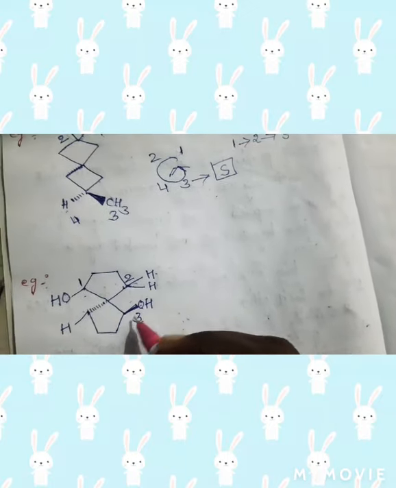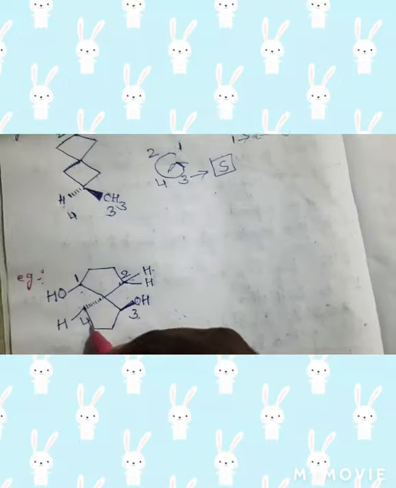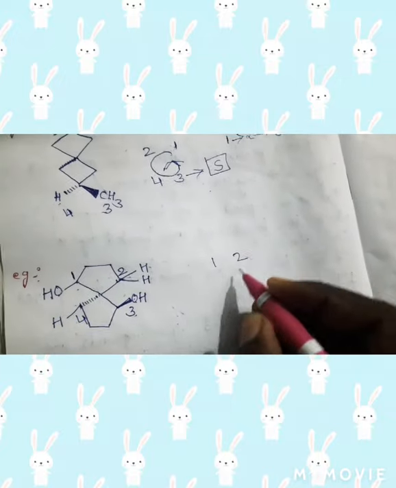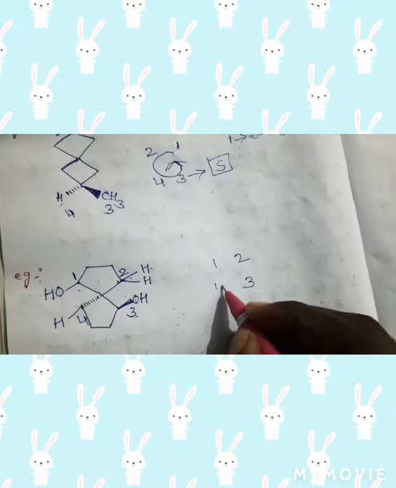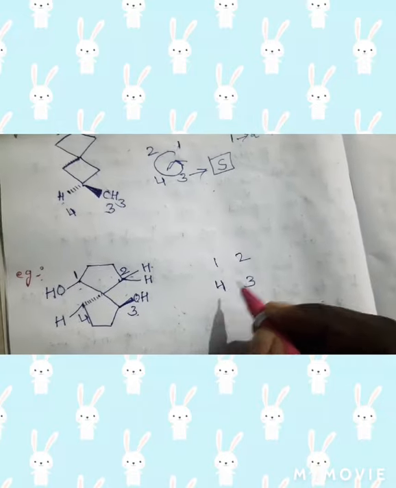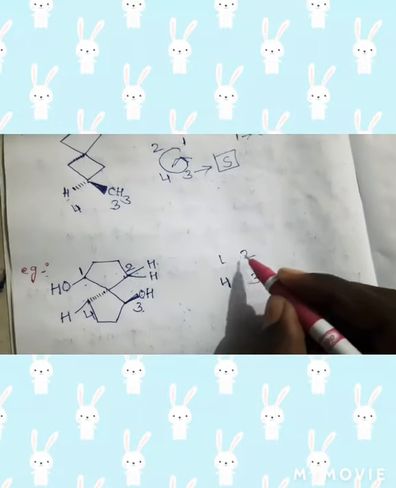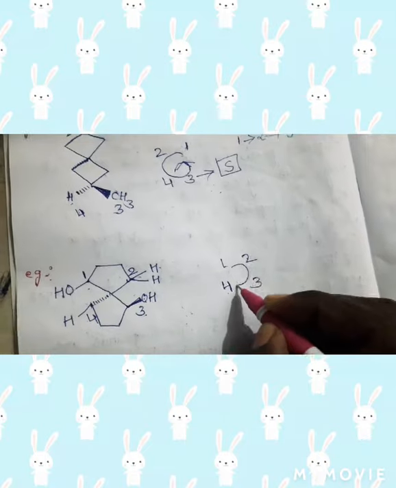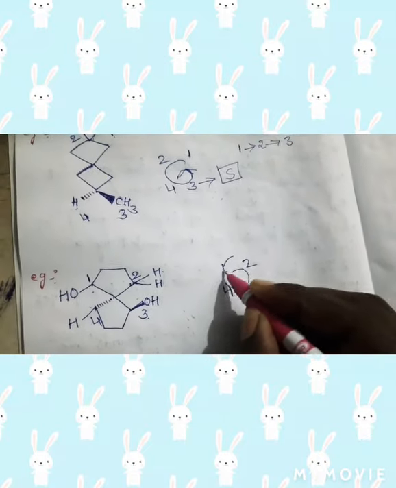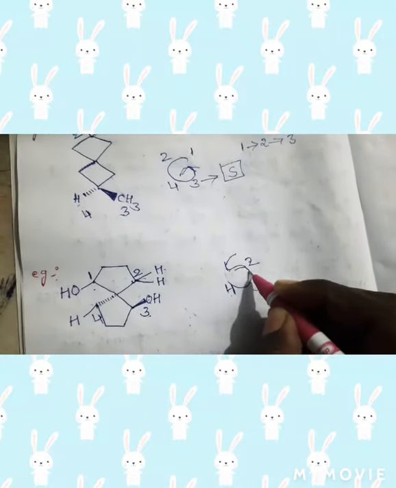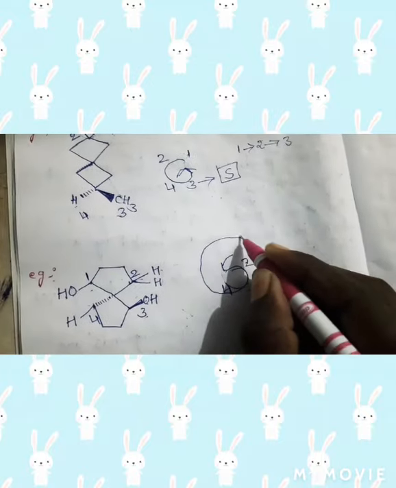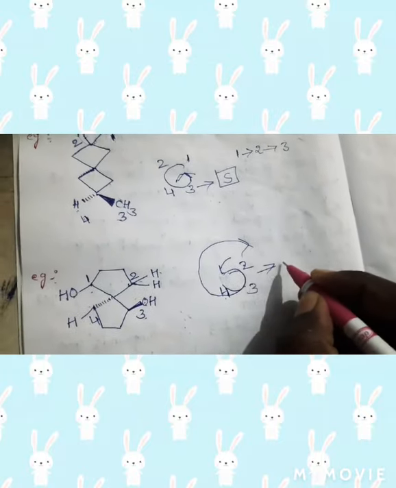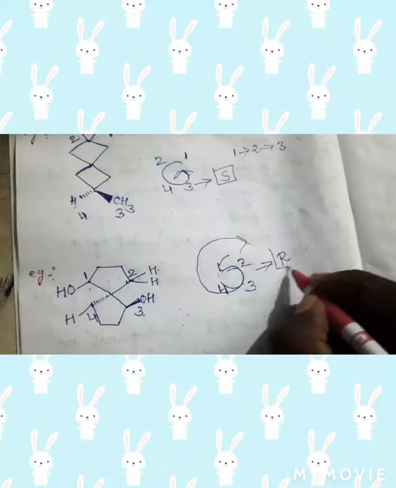Next 4. Just write the numbers 1, 2, 3, 4 and draw an arrow. Like this it is a clockwise direction. Clockwise means rectus.